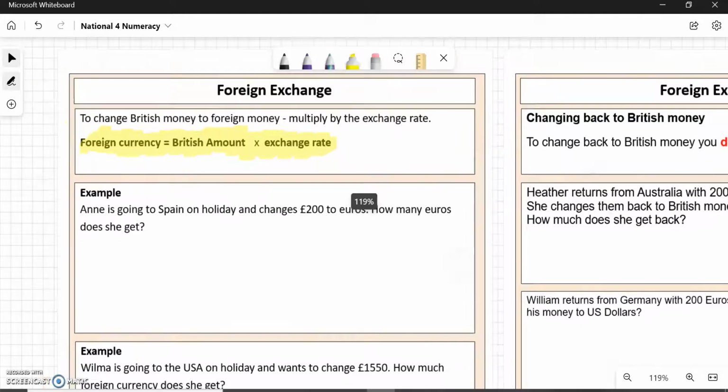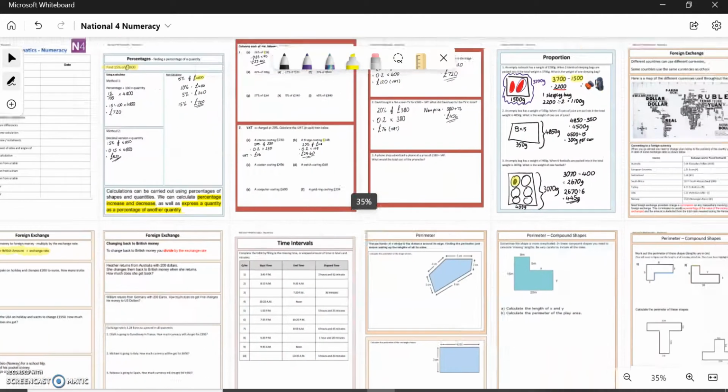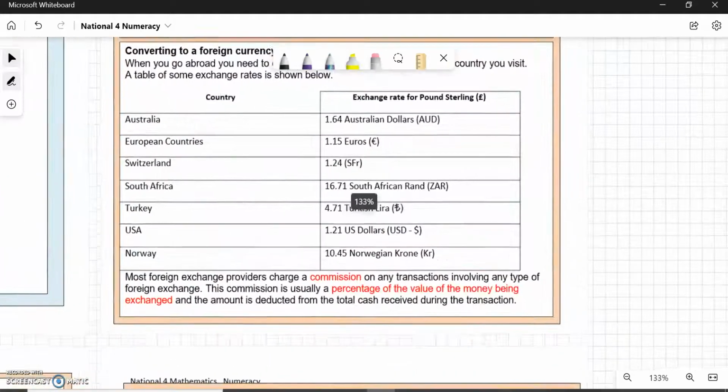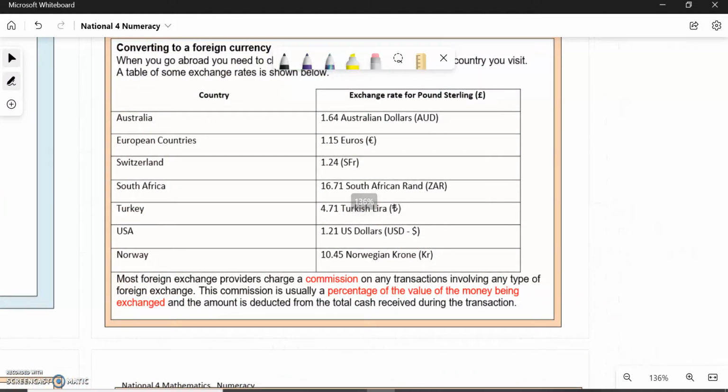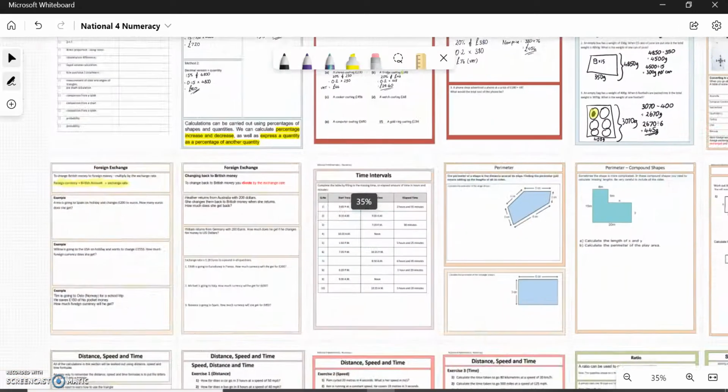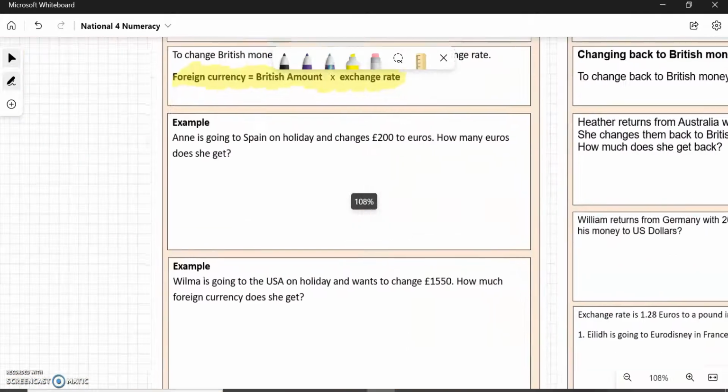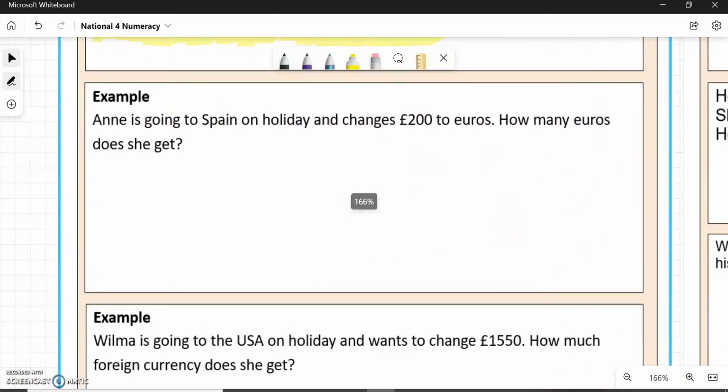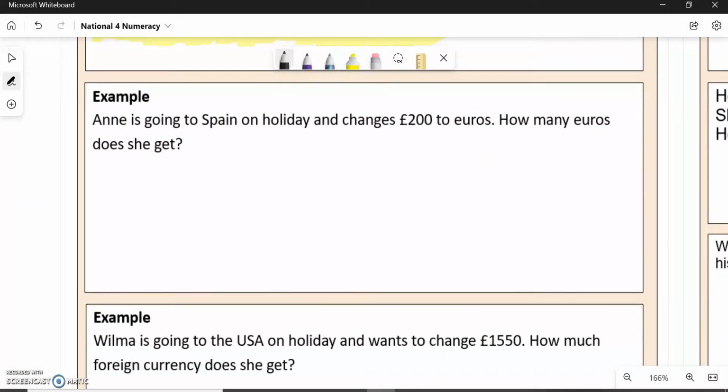So in order to do that, we need to make sure we use the correct foreign currency. And if we look at this table here, it says for European countries, the exchange rate is 1.15. So what we're going to do is take Anne's £200 and multiply it by the exchange rate for European countries.